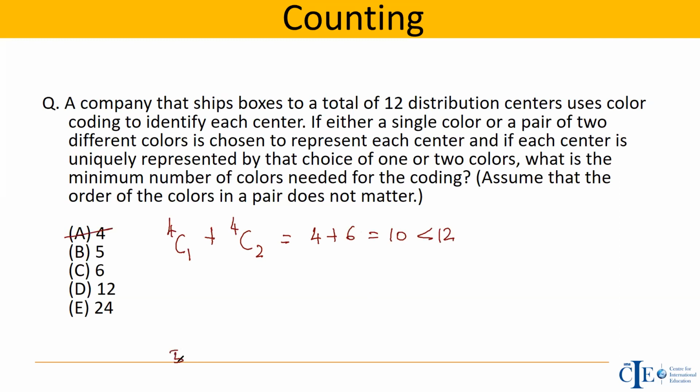If it is 5, it's 5C1 plus 5C2. 5C1 is 5 plus 5C2 is 10, which is 15, greater than 12. So it will work. Hence the answer 5 will work, definitely.